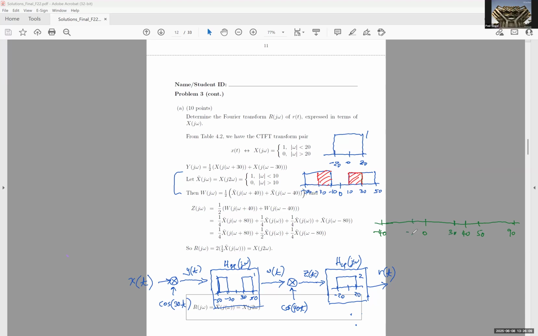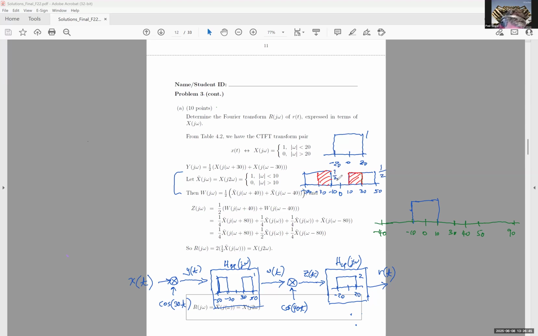But not all that's going to show up, right? So what we have is this minus 50 to 30 is going to get from minus 10 up to 10. So that'll be the contribution from the minus. And I'm leaving off here, I should put in the exact factors just as I'm drawing the picture. So when we first did this modulation, this was going to be multiplied by half.